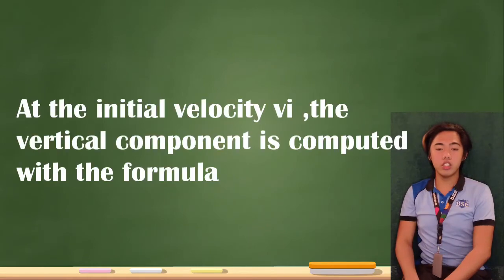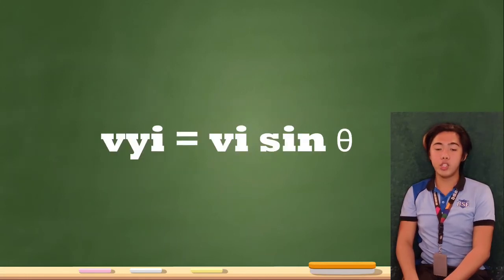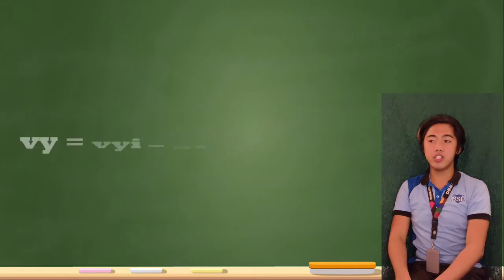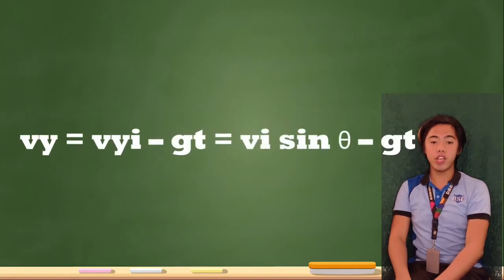At the initial velocity, or Vi, the vertical component is computed by the formula Vyi is equal to initial velocity sine theta. At any given time, the value of Vy can be computed by Vy is equal to initial y component minus gravity times time.